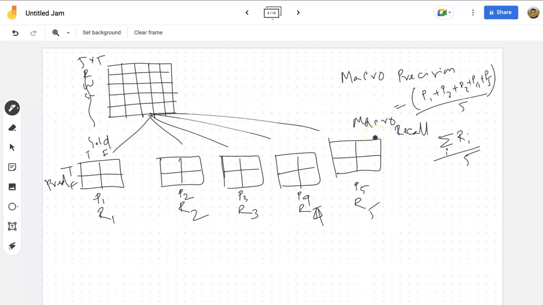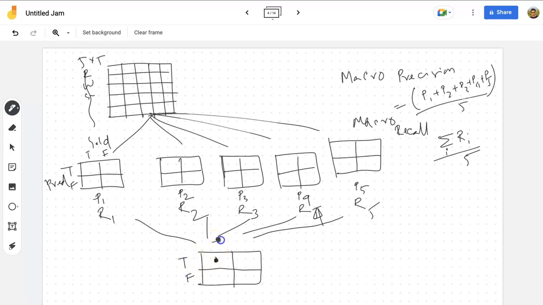Now they are asking for the micro one. How to calculate it? We need to calculate a single table from all these tables. It will again be a 2 cross 2 matrix, with true, false. What about the entries? For the first cell, it will be the sum of all the first cells.